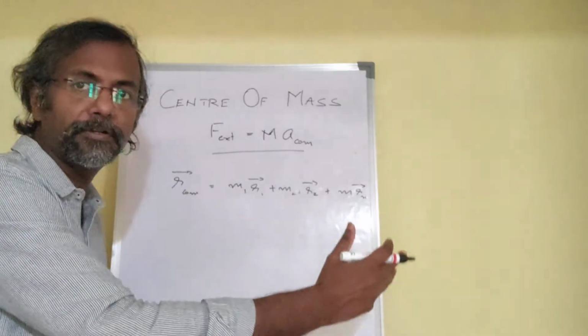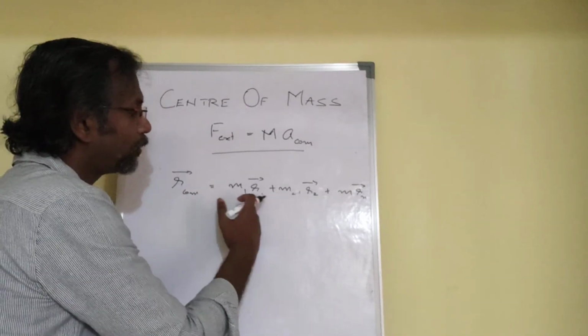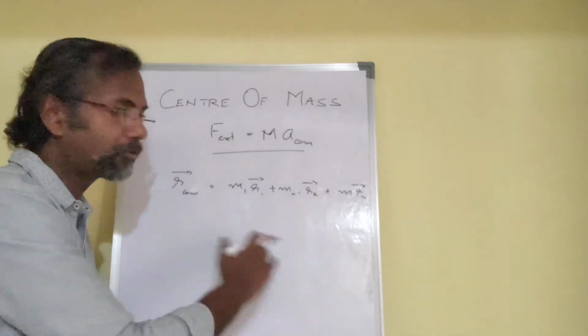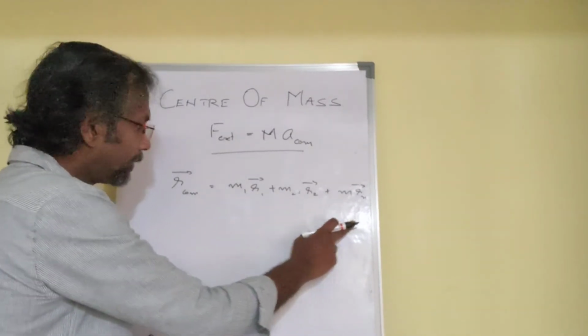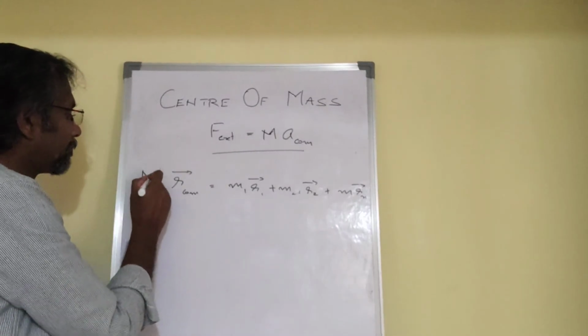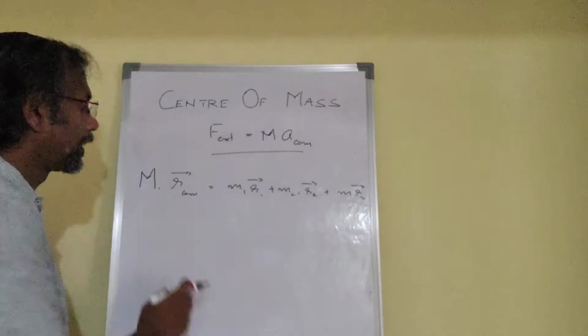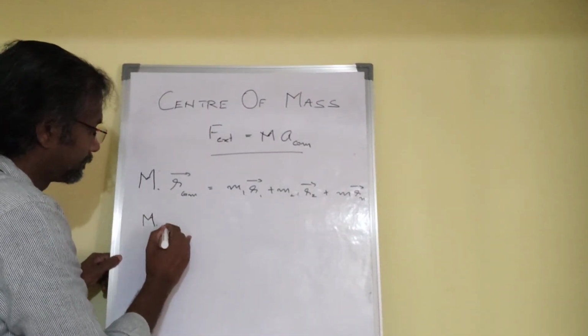Suppose there are n particles, and the position vector of the center of mass is given by the sum of each mass times the position vector of each particle, the whole divided by m1 plus m2 plus up to mn, which I'm going to call capital M. Now I differentiate this.